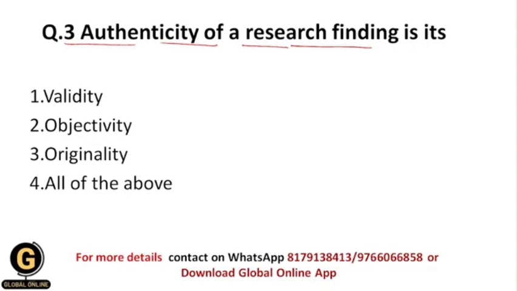This is called authenticity. And what is exactly the authenticity of a research finding? It means that whenever we get the results of our research, how can you say that our research results are authentic? Is it its validity, or its objectivity, or originality, or all of the above?